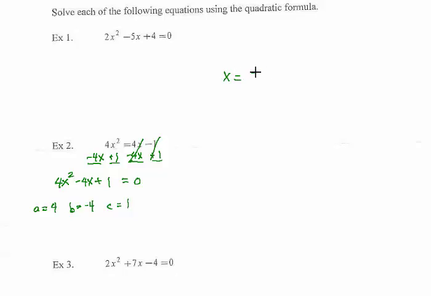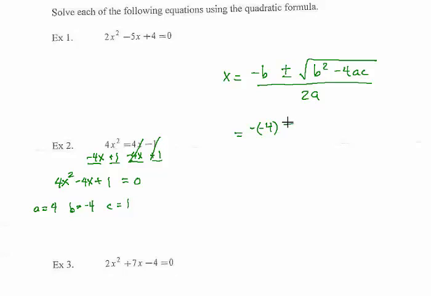And so we write x equals negative b plus or minus the square root b squared minus 4ac all over 2a. So with b being negative, we're going to have a minus 4. We bring down our plus or minus.